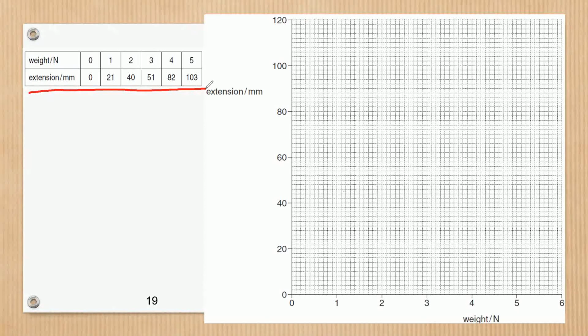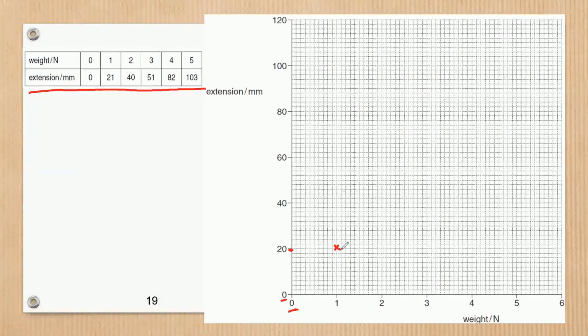So at 0 newtons, the extension is 0. At a load of 1 newton, the extension is 21 millimeters. So here's 20, and that's the 21, according to the graph.